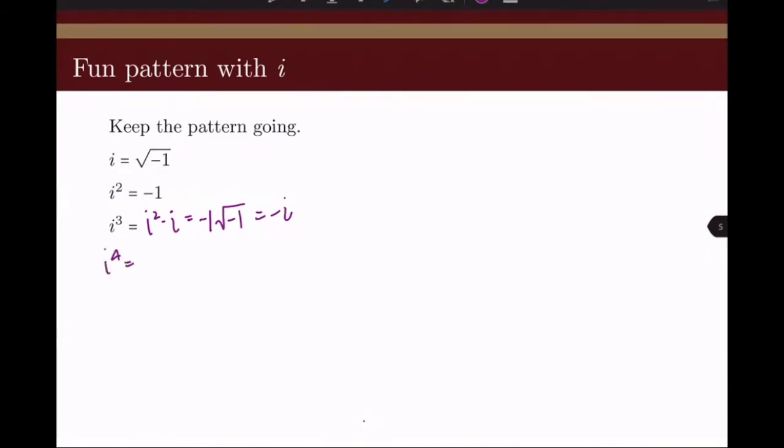i to the 4th is going to equal i squared times i squared, which is -1 times -1, which is 1. If we keep going, we can see i to the 5th. It's just i to the 4th times i. So this is just 1 times the square root of -1, which is just the square root of -1.